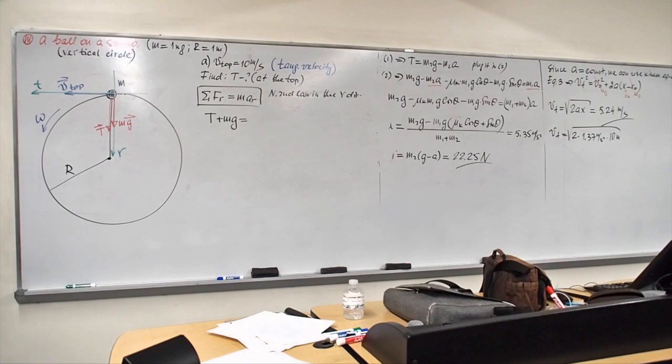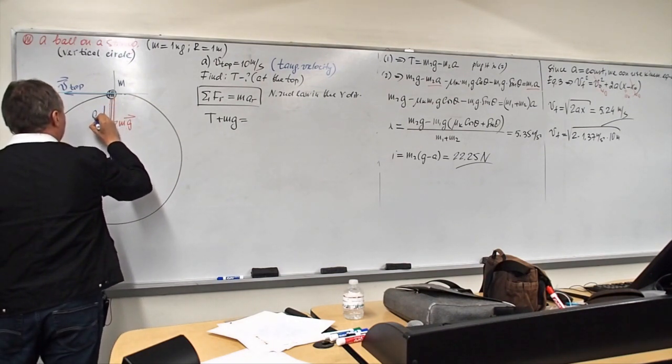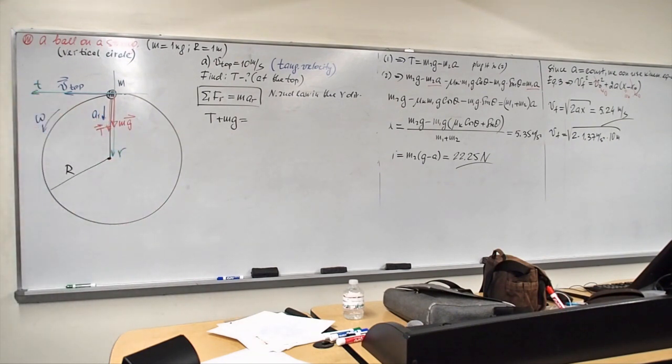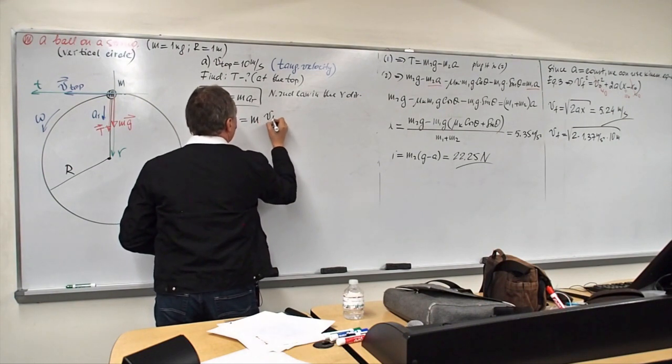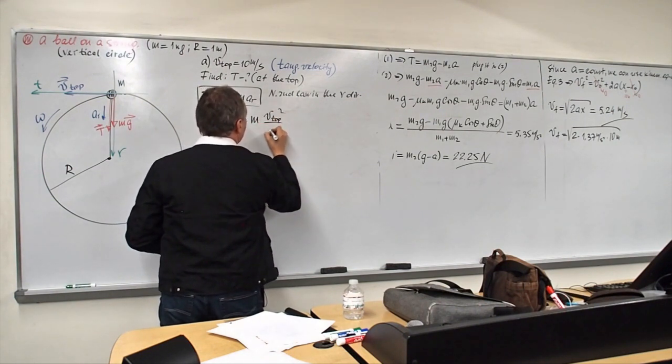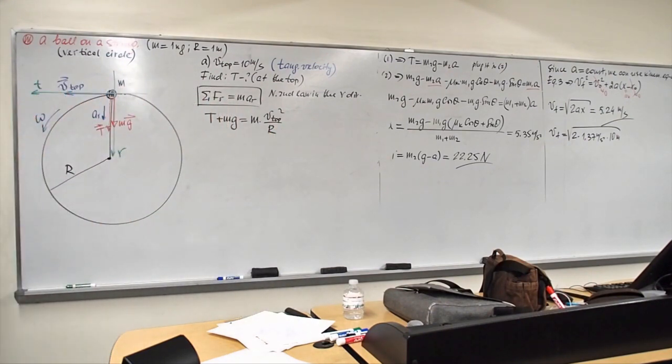and acceleration is all the time centripetal acceleration, which can be only towards the center. So this is a sub r. It's positive; that's why we pick the r direction towards the center, to keep our acceleration positive. So it will be m v top squared over r, capital R. How many unknowns are there?